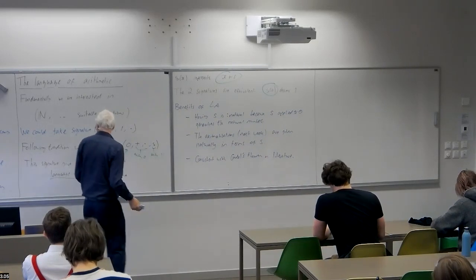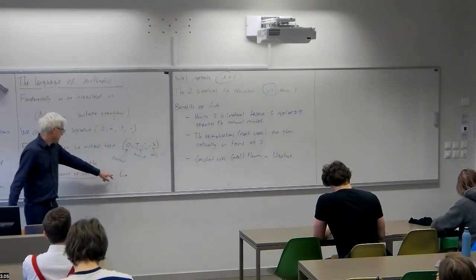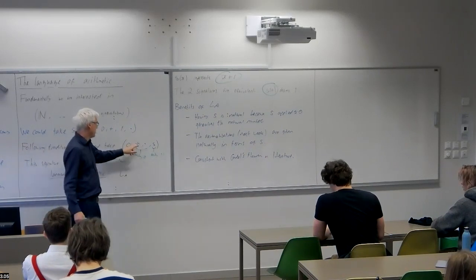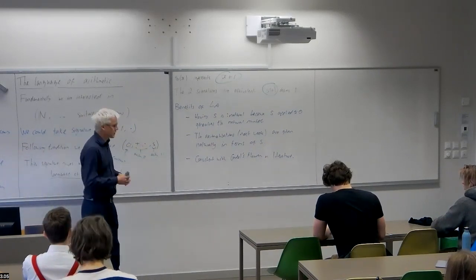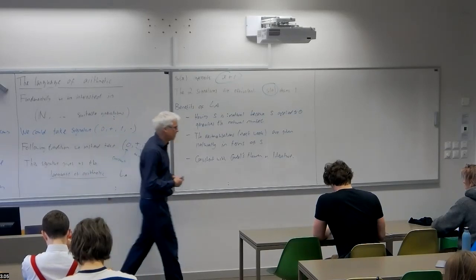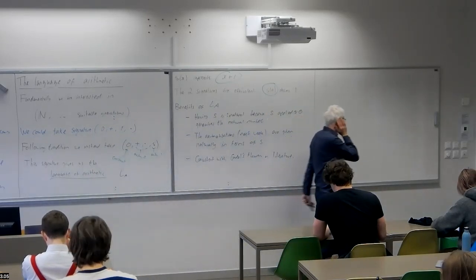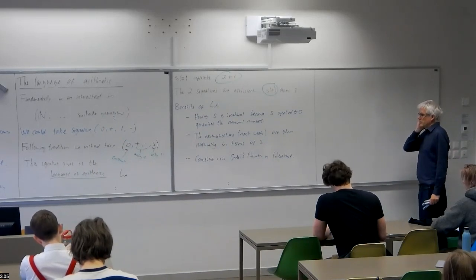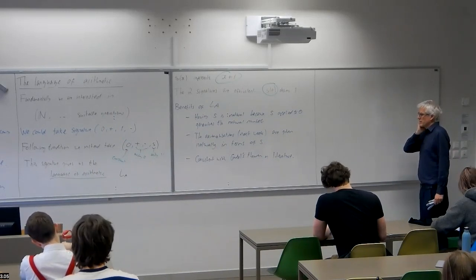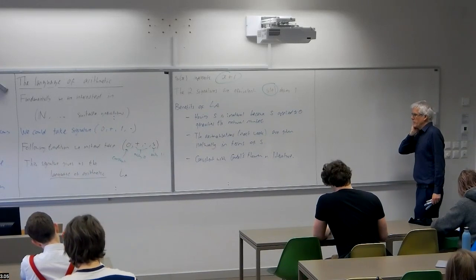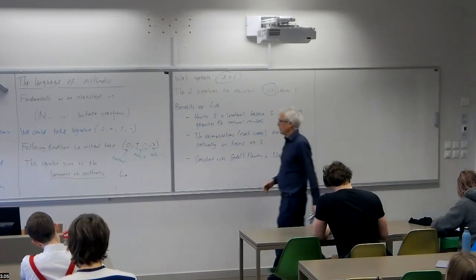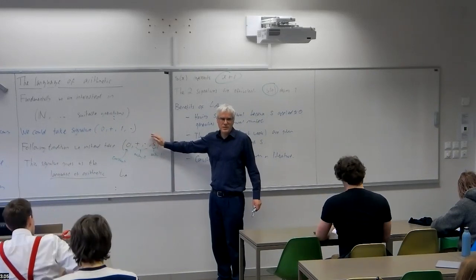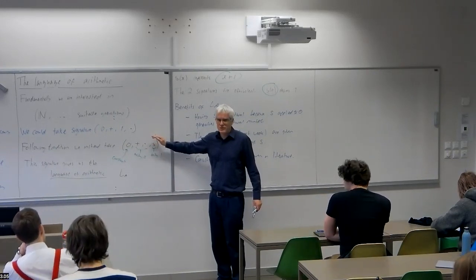Okay, so we're going to use this language with the signature L_A, so 0, plus, times and successor. And the first thing we're going to do is spend a bit of time looking at how we can express other operations and properties in this language.